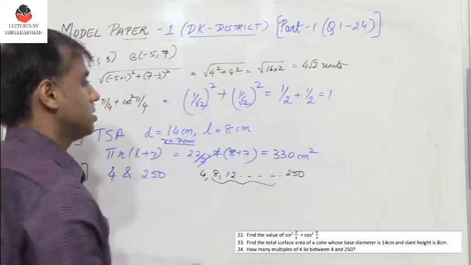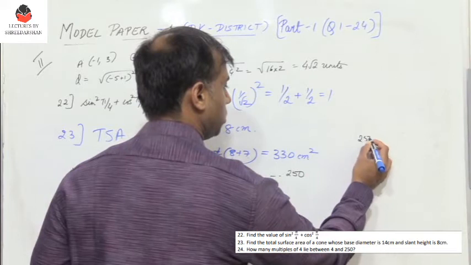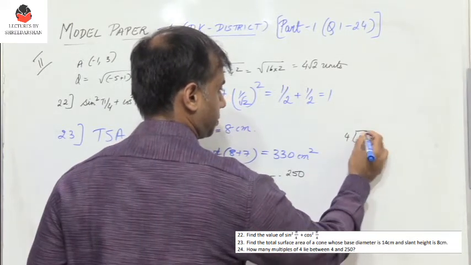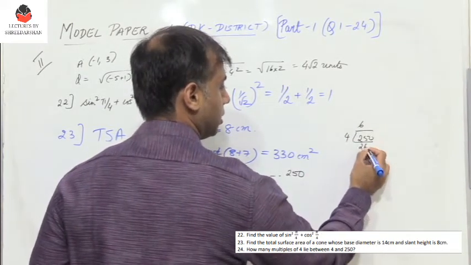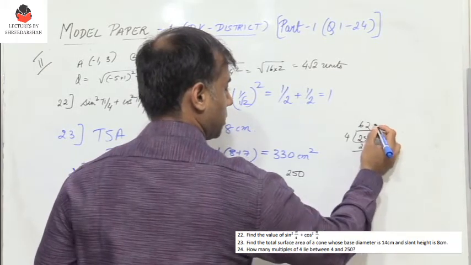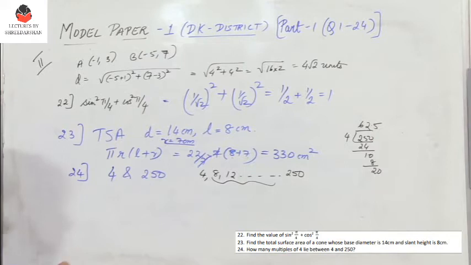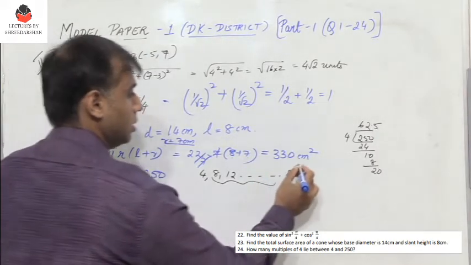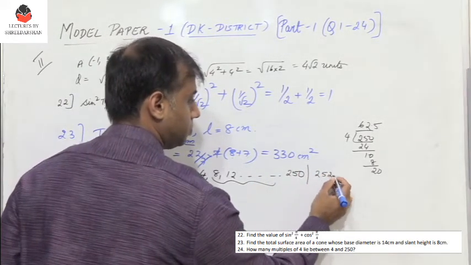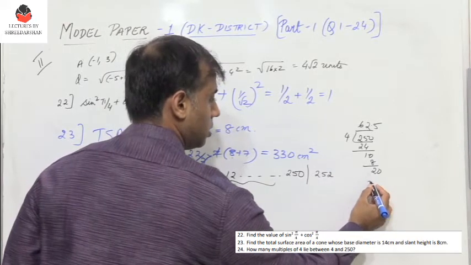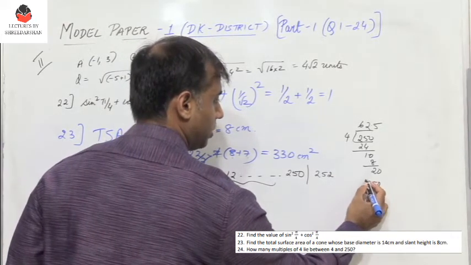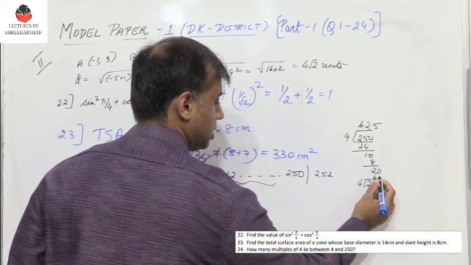Now 250 is not a multiple of 4, because if I divide 250 by 4, I get 62.5. So therefore the multiple of 4 is 252, because 252, if I divide it by 4, I get 63.